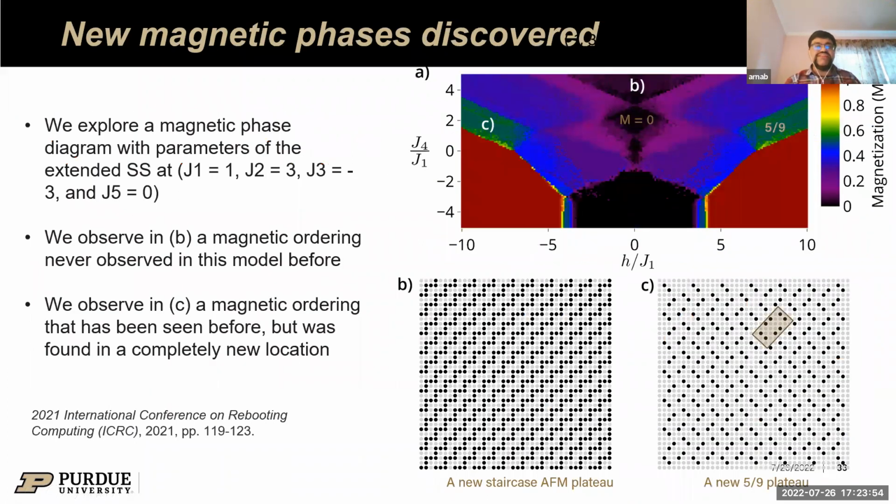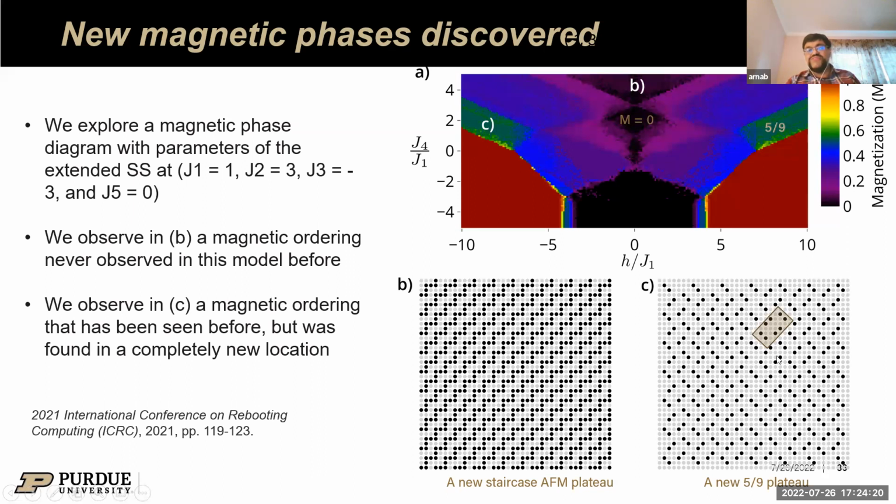And once we could do that, we were able to let loose and figure out whether we could discover any new phases. So we did discover a new phase for a set of parameters that we have shown here. We found two phases. One is the overall solution that looks like the staircase antiferromagnet, and then we found another phase, right here in green.